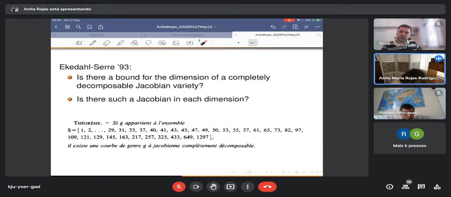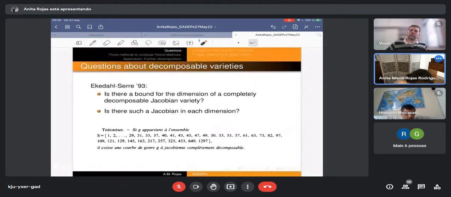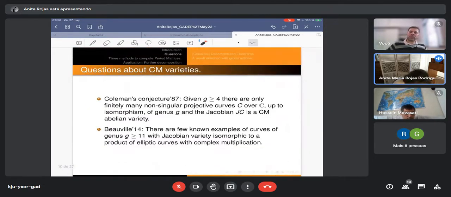There are several gaps where they ask if there is a completely decomposable Jacobian variety. Moreover, they ask if they stop. And this is the highest dimension they found where there is a completely decomposable Jacobian variety. So that is a question of current interest.